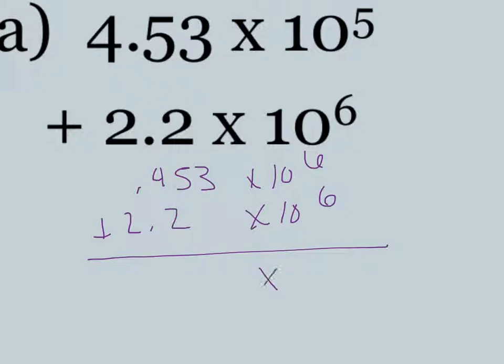So at the end, it's still going to be times 10 to the 6th. And then we know with addition, we start at the right and move to the left. So 3 plus 0 is 3, 5 plus 0 is 5, 4 plus 2 is 6, include our decimal, and then the 2. So the answer to this problem is 2.653 times 10 to the 6th.